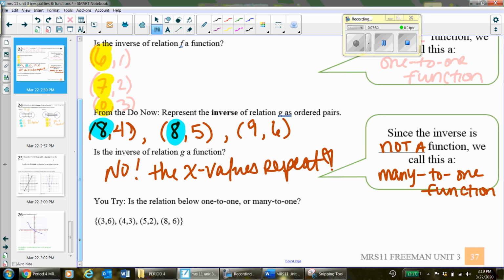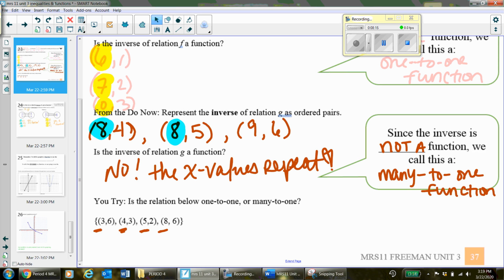All right, so you try. I want you to pause the video here if you want to do the you try on your own. Otherwise, continue playing and we can move along. Is the relation below one-to-one or many-to-one? First, let's see if we have any repeating x values originally. I have 3, 3, 4, 5, and 8.